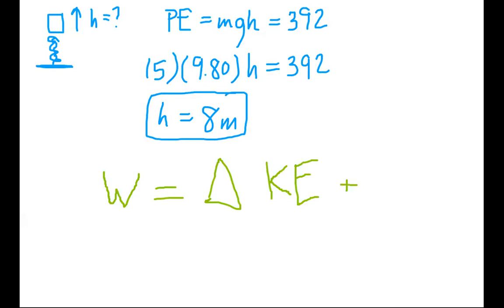Because plus, or I guess this is work final. This is the total work done on it in any given instance, which would be the change in kinetic energy plus the work done by other things.